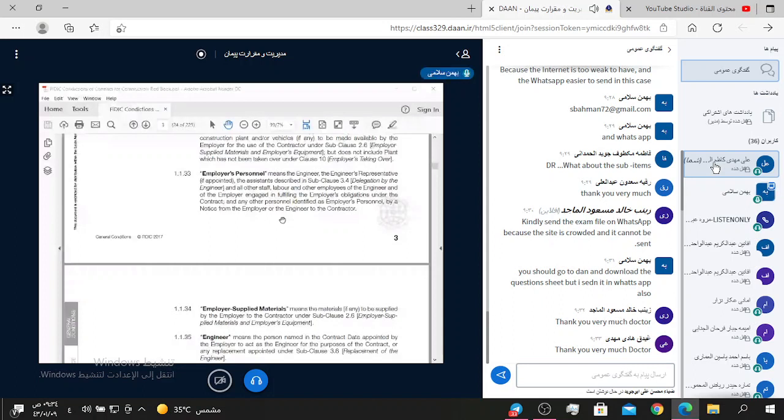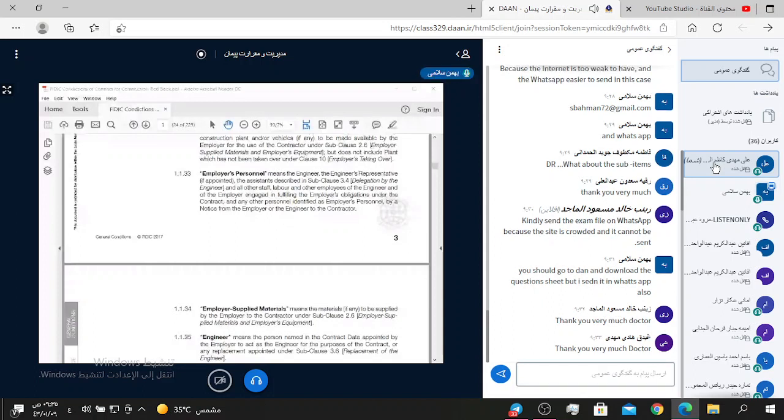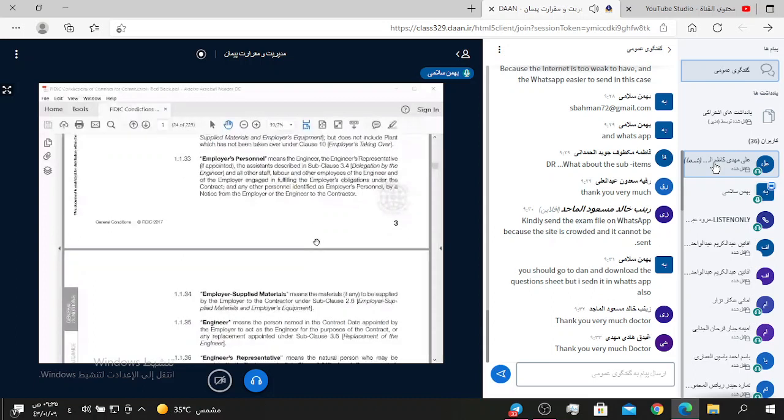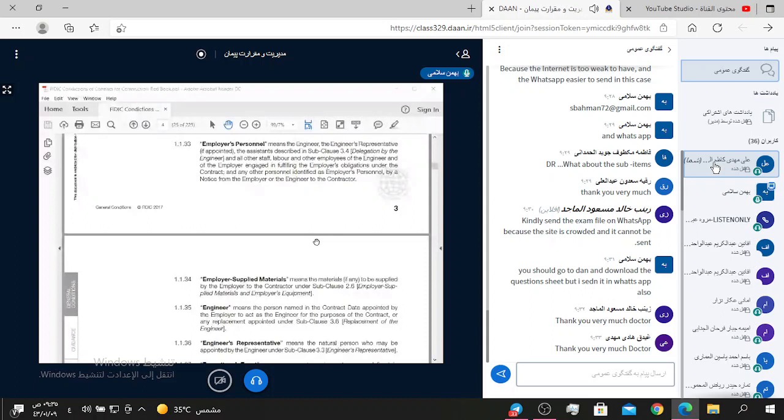Understand? But maybe in some chapters there are hints in subclauses of other chapters. No need to read them. You should read only the subclauses related to chapters 1, 2, 3, and 4. Understand?